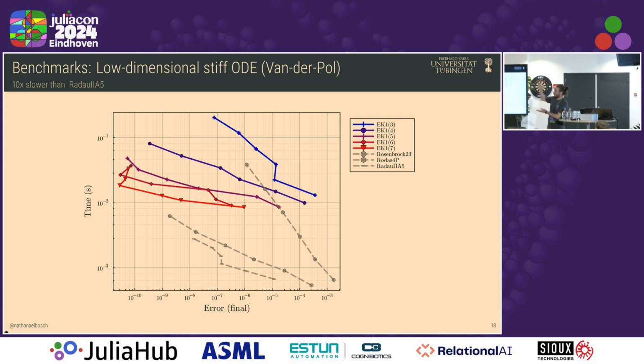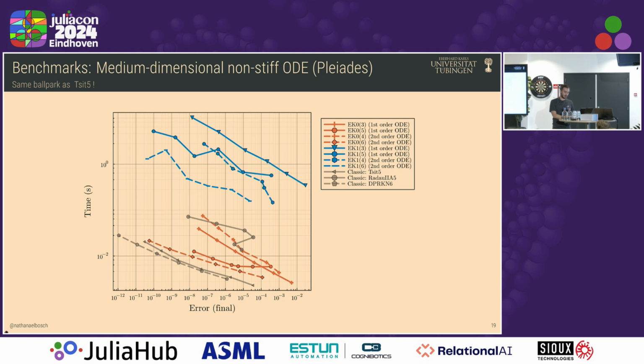So I'm not surprised that the line's above, just a matter of how far above. And there are also some examples where they're pretty similar. For a second order ODE that is roughly 30 or 40 dimensional, it's pretty close together. So I would say there's the potential to be quite comparable and very useful for these problems.